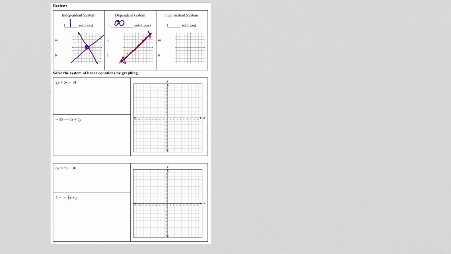And an inconsistent system has no solutions, and what that looks like, there's an example in your homework. Two parallel lines. Parallel lines. No solution, because nowhere do the lines intersect.